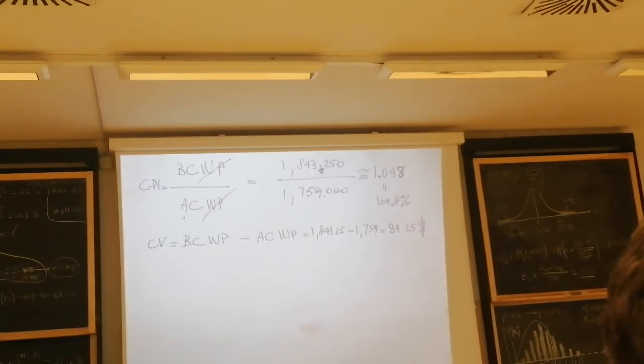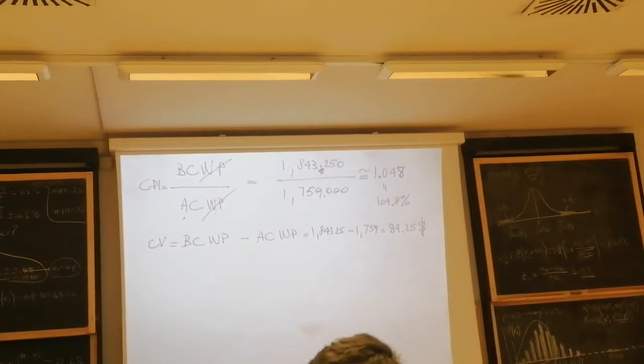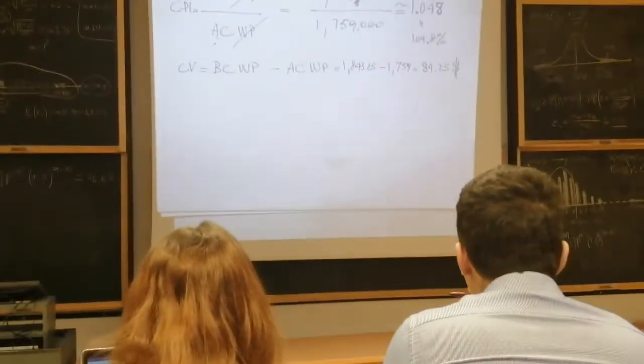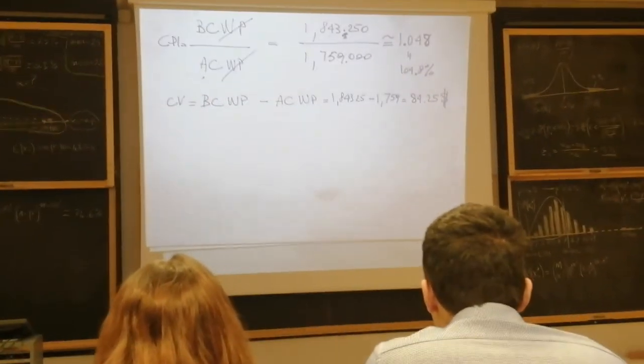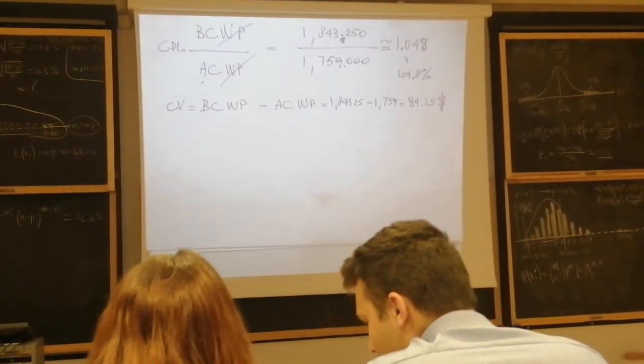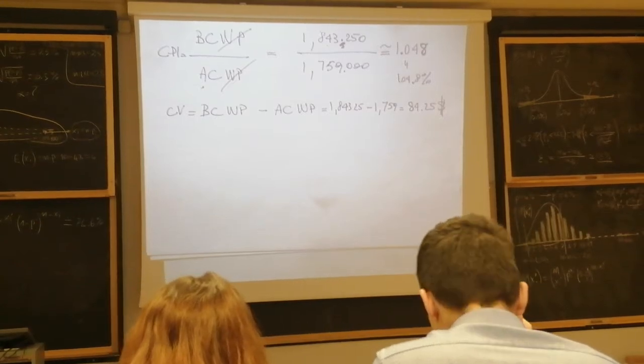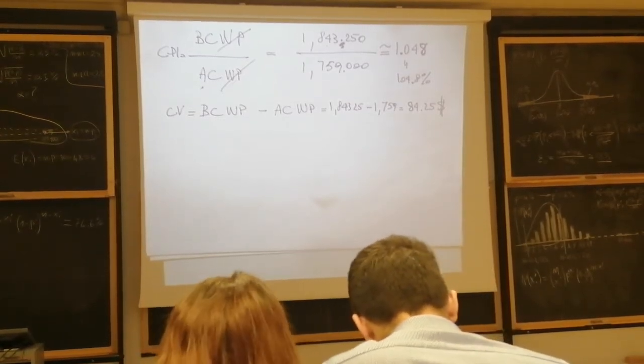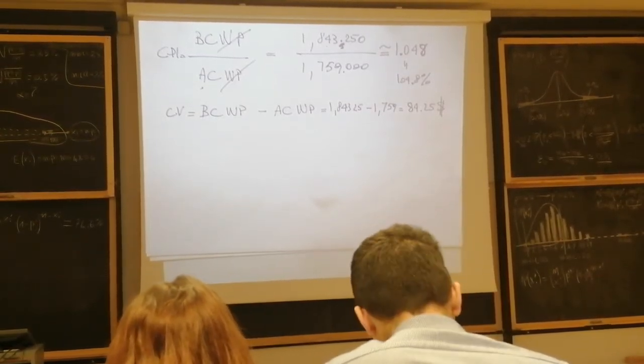Cost performance index is the ratio, dimensionless, so in percent amounts. In fact, can you testify that 4.8% equals $84,250? Because 84,000 is 4.8% of the total budget, and it's our savings.